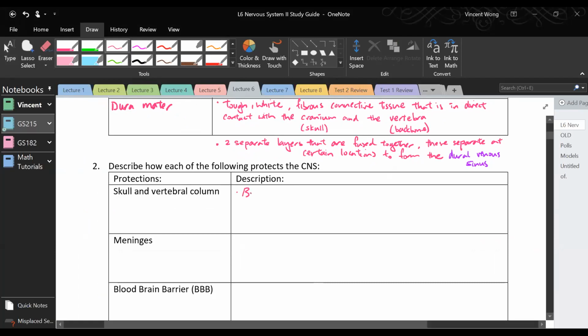These are bony structures that offer physical protection against blunt force, right, and direct hit.